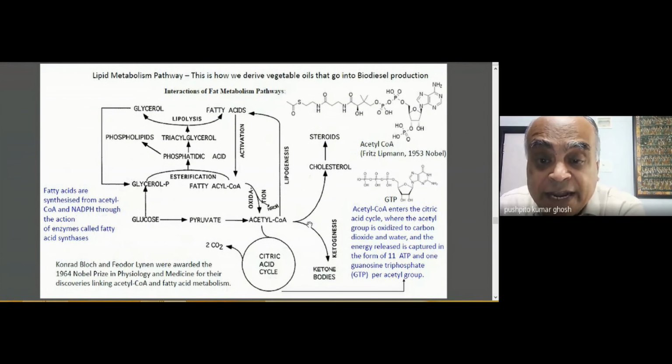Or I can end up forming ketone bodies. So many different pathways are basically at the heart of it, which is acetyl coenzyme A, for which we got the Nobel Prize.